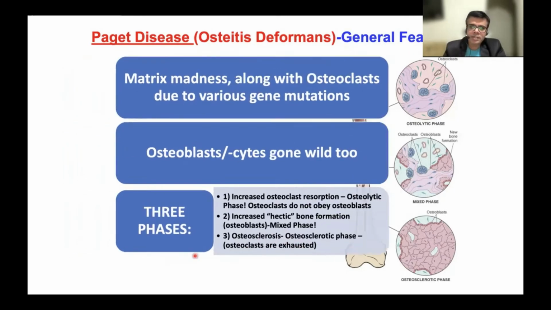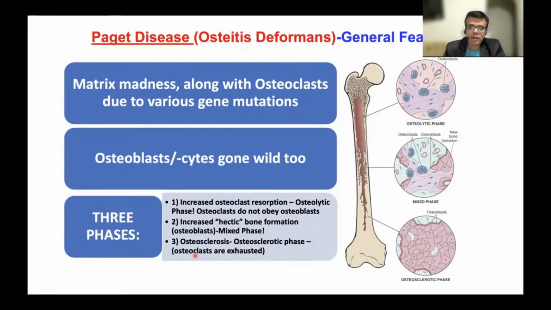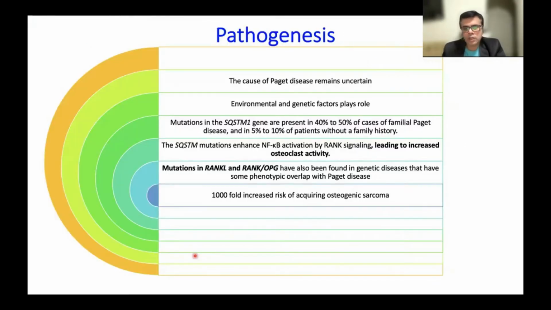So now let's see what the different pathogenic features are. The pathogenesis is not very clear. It's a combination of environmental and genetic factors, and a mutation in the SQSTM1 gene. So remember this gene. This gene is clearly mutated in familial Paget's disease as well as sporadic Paget's disease of bone.